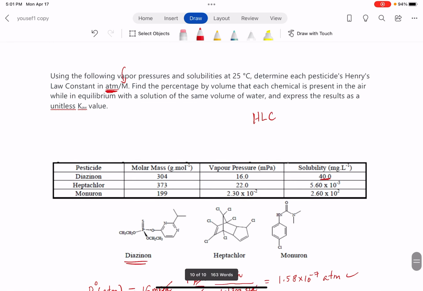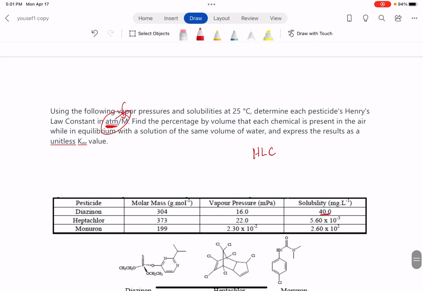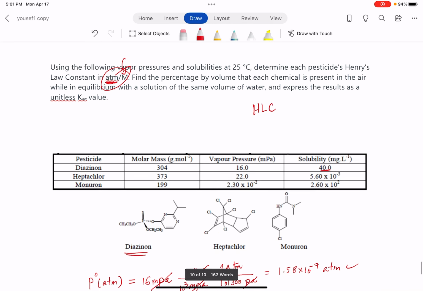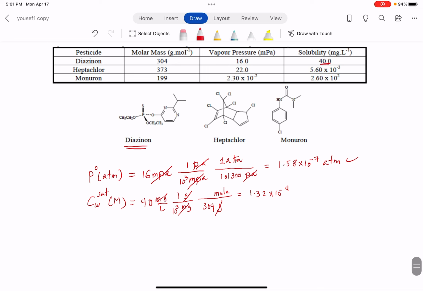Now the Henry law constant in this unit, atmospheric per molarity. We know that the Henry law constant KH, using the approach, is the vapor pressure in atmospheric over the solubility in molarity, mole per liter.